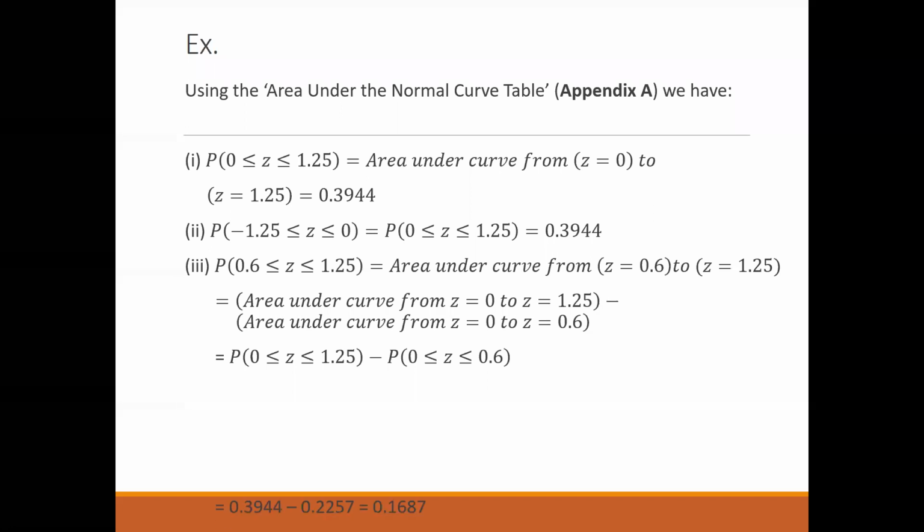When we refer to the table, I get these two values: 0.3944 minus 0.2257, which gives the answer as 0.1687. Any doubts here? Because if you do not understand this, you won't be able to solve any of the problems.